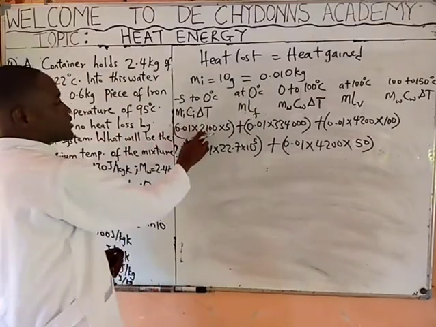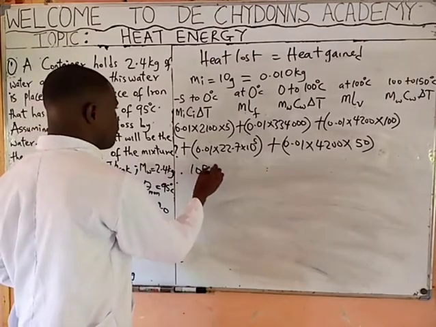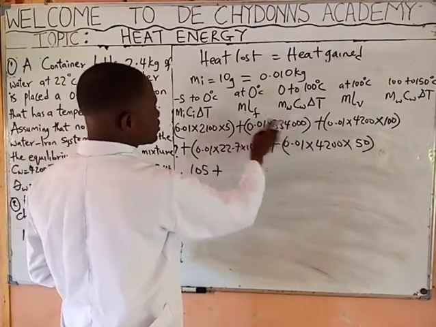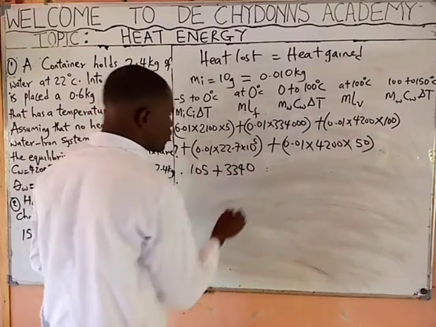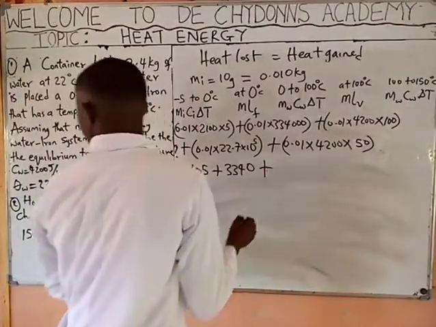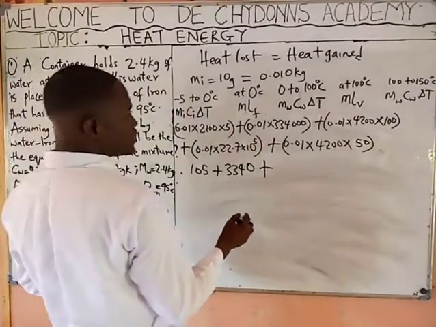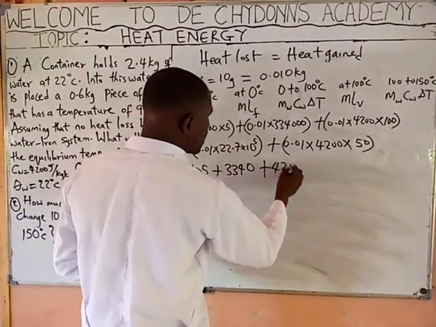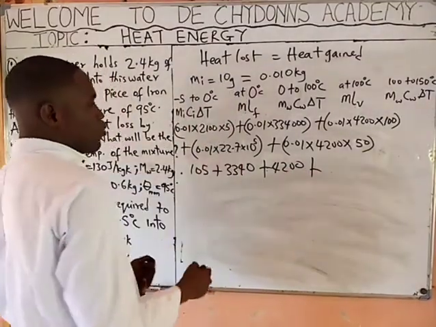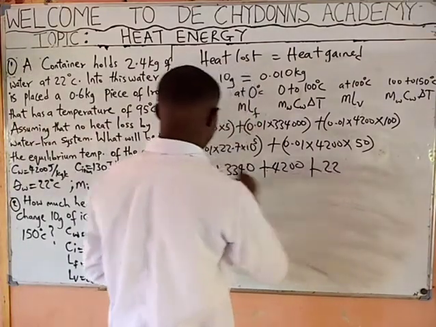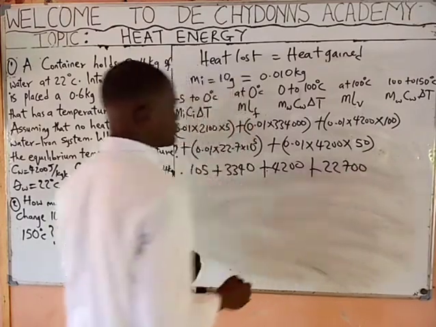So once we get this heat, this times this will be giving us 105, plus this times this will be giving us 3340, plus this times this will be giving us 4200, plus this times this will be giving us 22700.